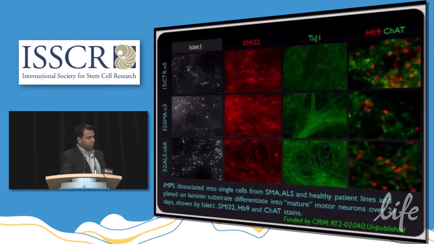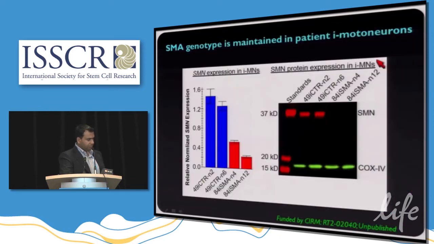Here are shown cells from control, SMA and ALS lines. We can make these cells. This is TUJ1, which is a neuronal marker, and SMI32, HB9 and CHAT are motor neuron markers. These are images from the 384-well plate format.